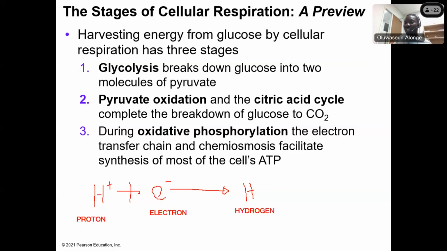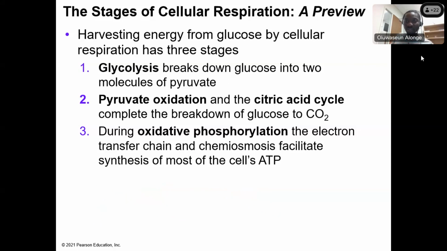Now, the reason I said 4 is because if you look at it, you have some stages. You have the glycolysis, which is the first stage. We have a stage in between that we call intermediate processes, or pyruvate preparation, or pyruvate oxidation. It's really not a major stage, but it must happen.